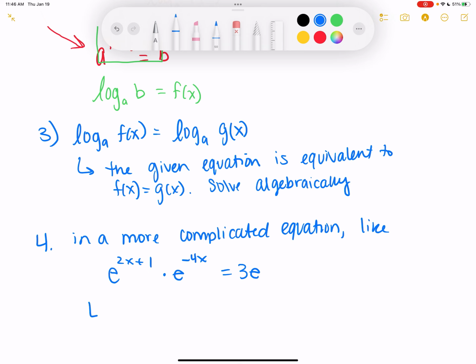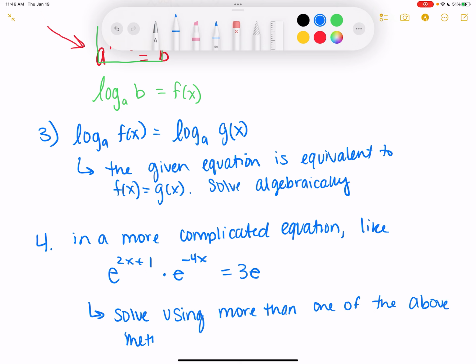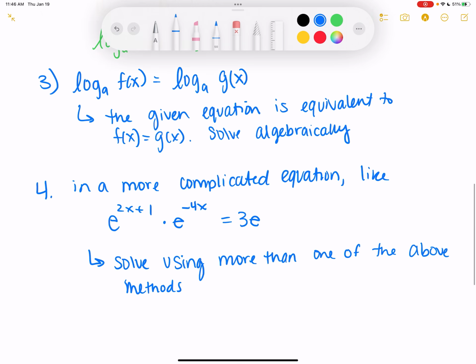We sometimes have to solve using multiple methods or solve using more than one of the above methods. And it always says to check that the proposed solution is in the domain.